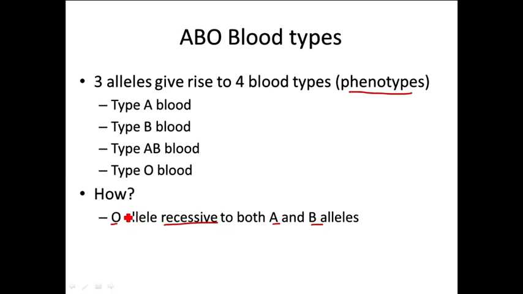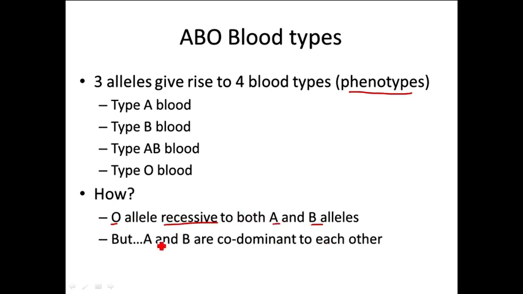Okay, so if you have the O allele, it's saying don't make any enzyme. Okay, and if you don't make any enzyme, you're not going to have any carbohydrate being made. Okay, but the A allele is saying make the A carbohydrate, and the B allele is saying make the B carbohydrate. Okay, so not making any carbohydrate is recessive to both of those. And then A and B are codominant to each other.